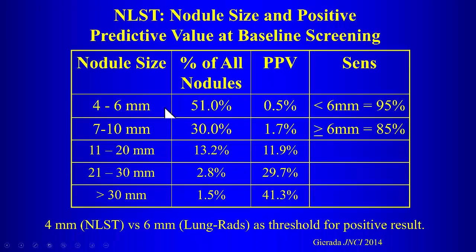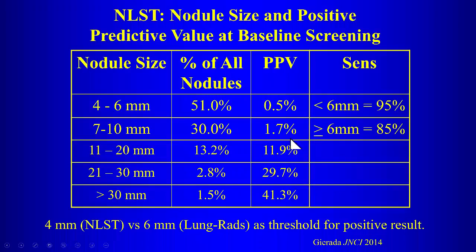Well, 51% of all nodules were between 4 and 6 millimeters, but if you increase that to greater than 6 millimeters, then you decrease the number of nodules that you're going to consider positive. It goes down to 30% of nodules. But the positive predictive value, at least it becomes greater than 1%. So even using that threshold, your positive predictive value is still only 1.7%. So it does reduce your sensitivity somewhat for detecting lung cancers, but it does result in many fewer false positive cases.